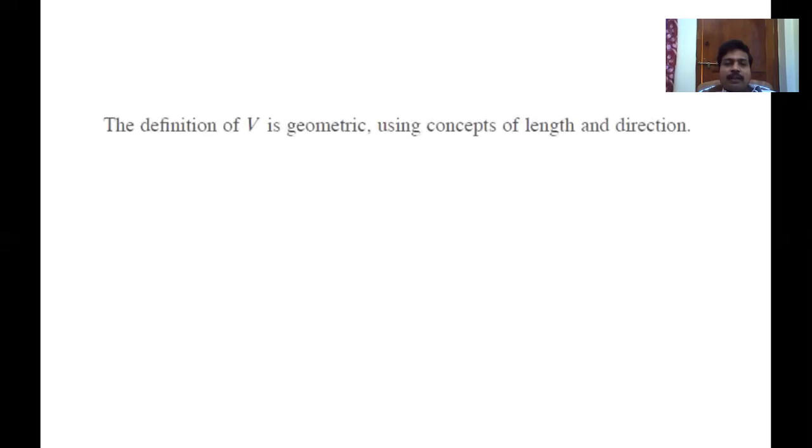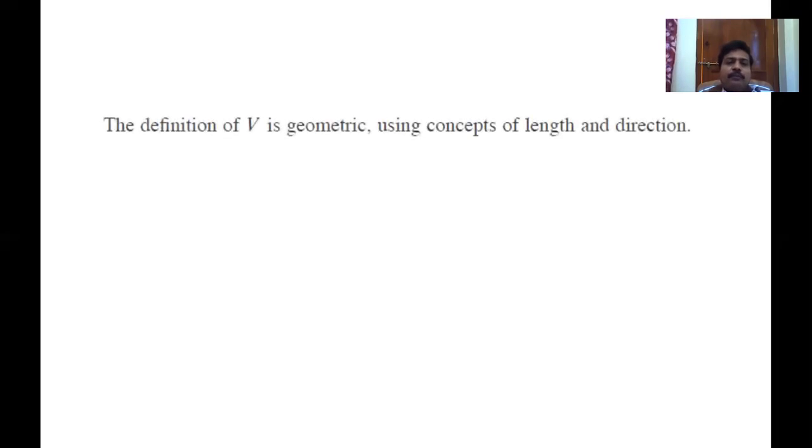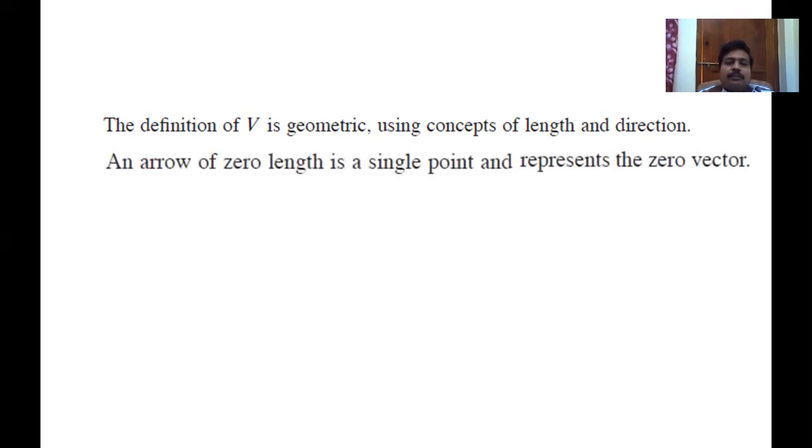With these two operations, we can prove that our set V is a vector space. The definitions of V are geometric, using the concepts of length and direction. Here we have to find a zero vector, an arrow with zero length.